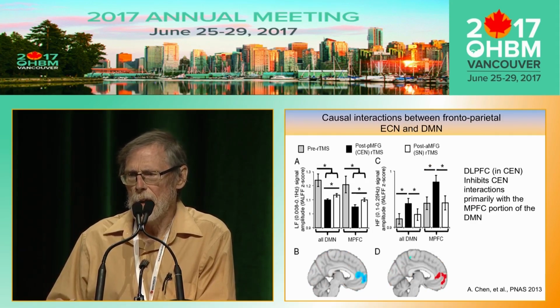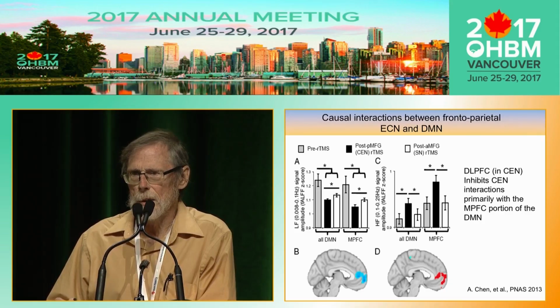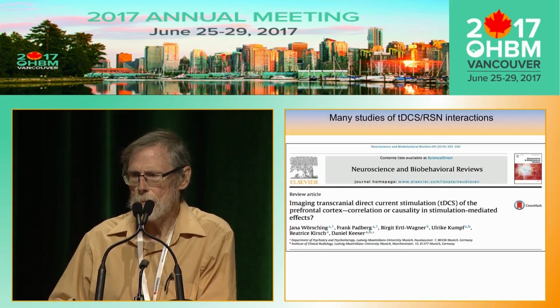And the answer is yes. On the left, you see that excitatory TMS to central executive did decrease the DMN, and on the right, showing an increase in the DMN from connection distant to the DMN nodes.